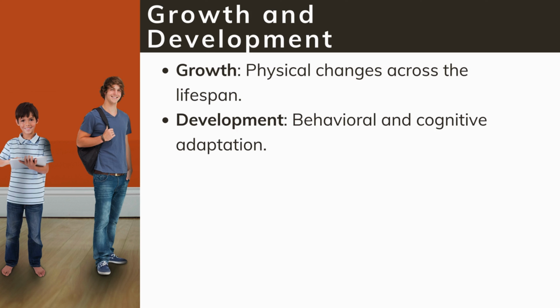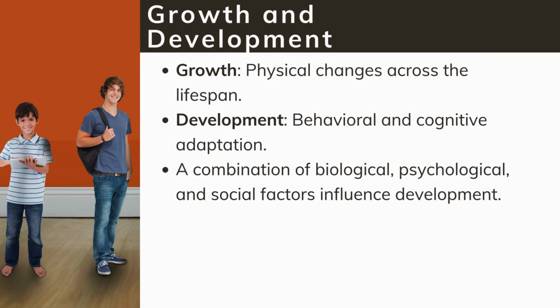Development, on the other hand, refers to behavioral, cognitive, and emotional adaptations over time. A combination of biological, psychological, and social factors influences how we grow and develop across the lifespan. As nurses, we assess these changes to provide comprehensive patient care.